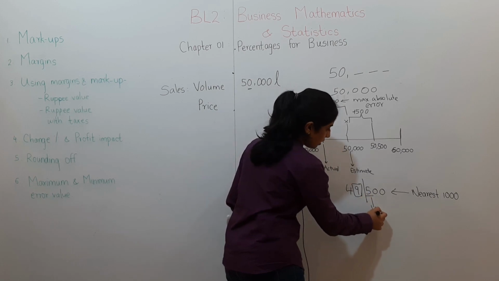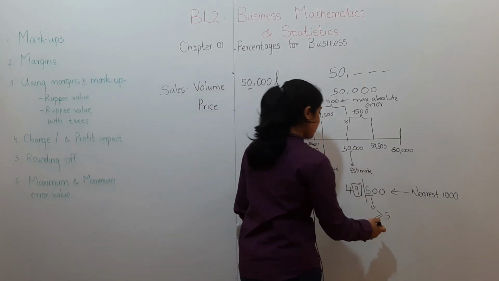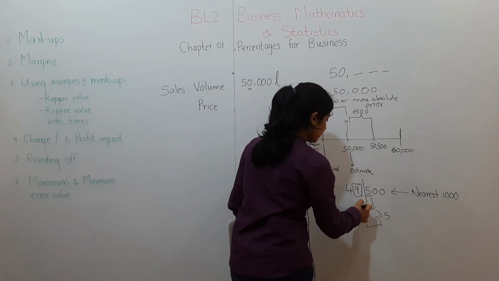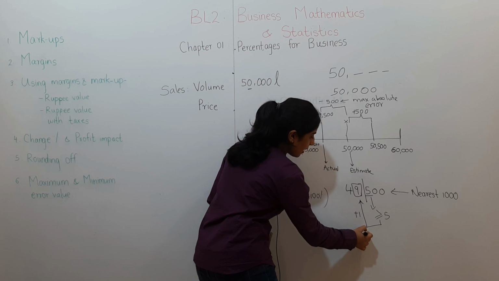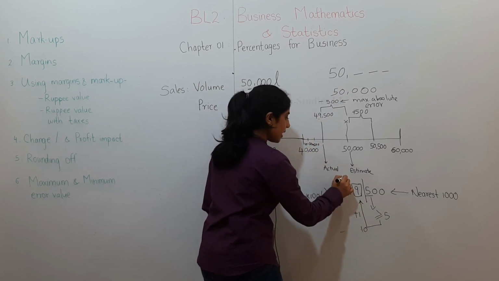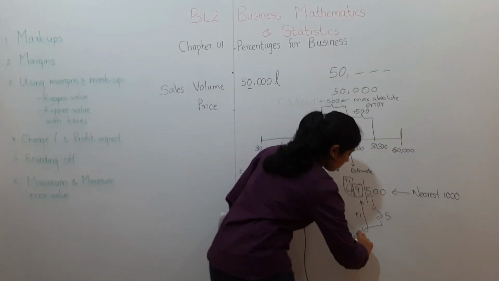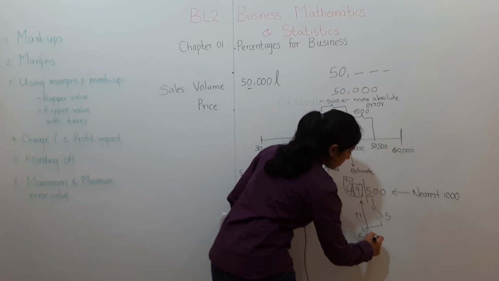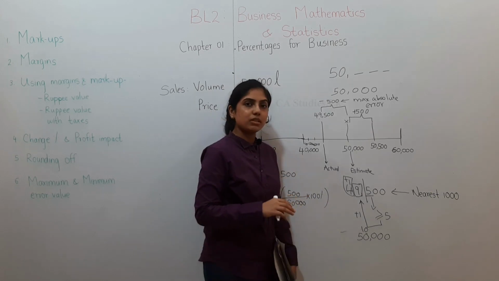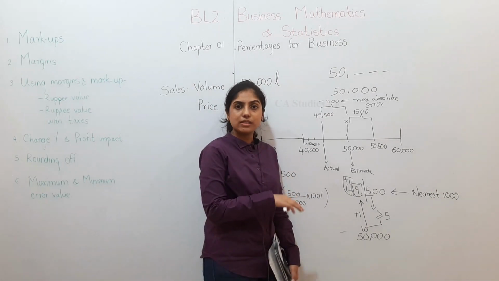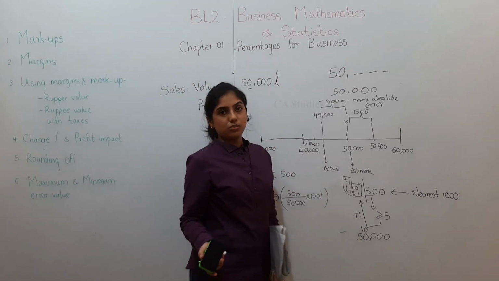Is it greater than or equal to 5? Of course, it is equal to 5. Therefore, I add 1 here. When I add 1 to 9, it becomes 10 and the 1 of the 10 gets added to 4 over here and totally it will become 50,000. 50 and the balance numbers I put as 0 because the numbers after the rounded figure are always 0. Okay, so you got 50,000. That's clear.